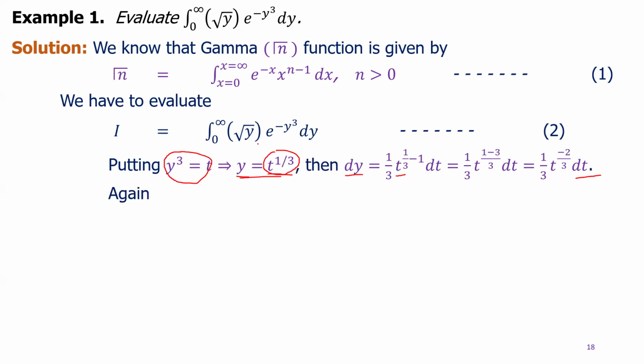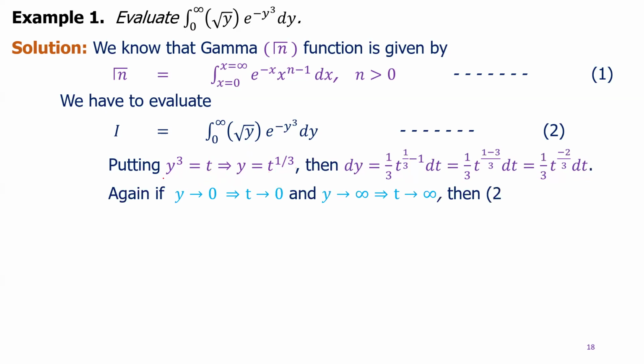And now, if we are changing the limit, if y is tending to 0, if y is equal to 0, then t will also be 0. If y is equal to infinity, then t is also infinity.